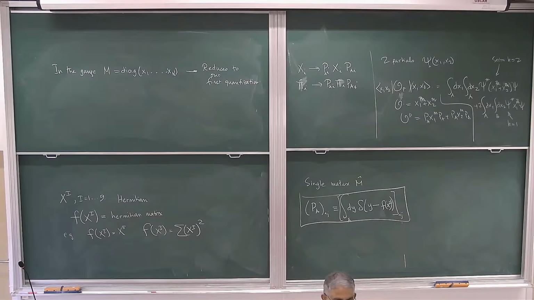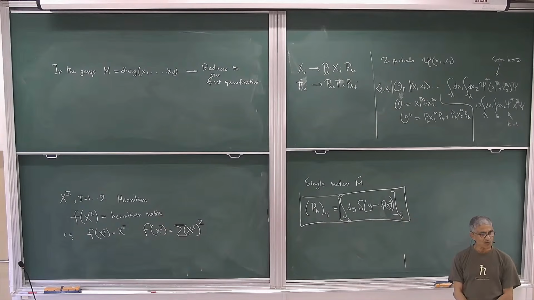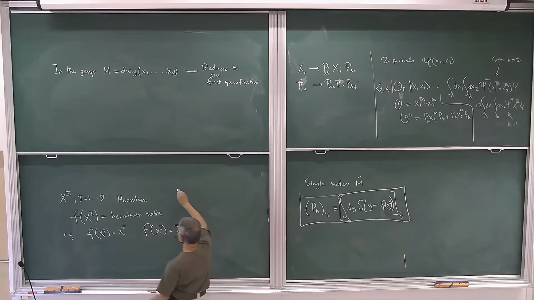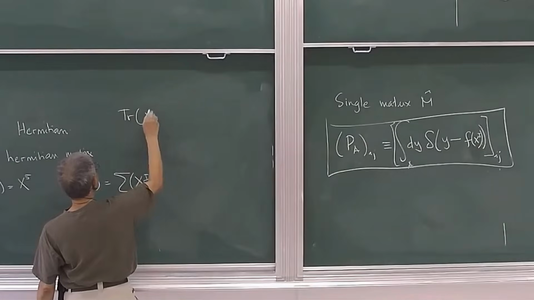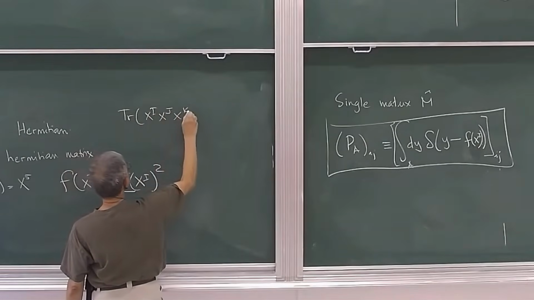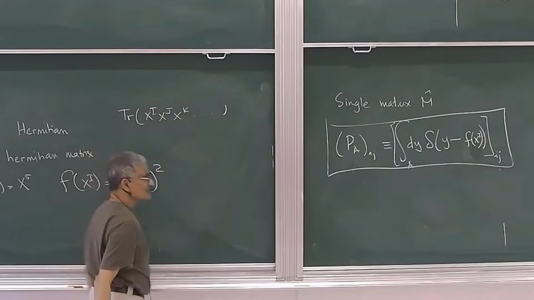Okay? What is the physics? I'll come to that later. But now you can see that whatever I did for a single matrix can be repeated for the case of multiple matrices. You can take a string of operators, like the kind of operators which are interesting in this case, like traceless symmetric in the ij indices, and so on.